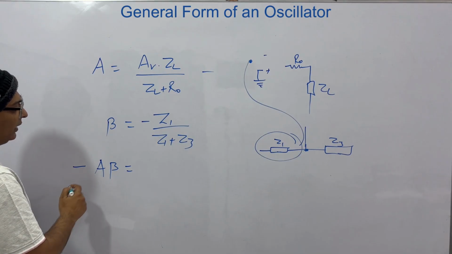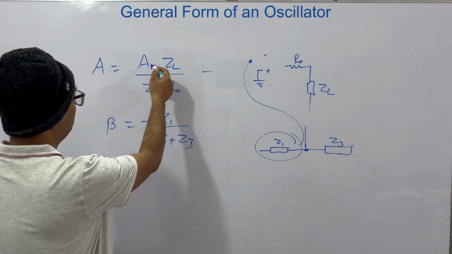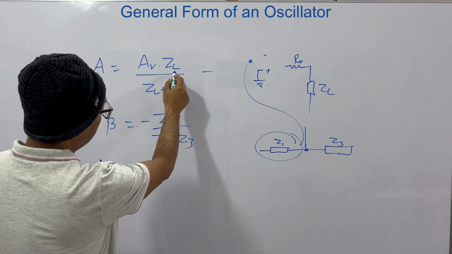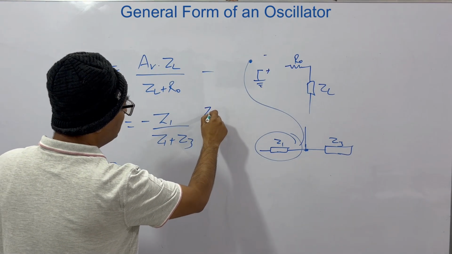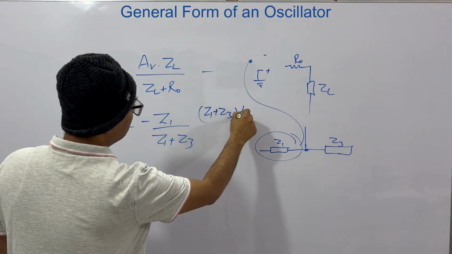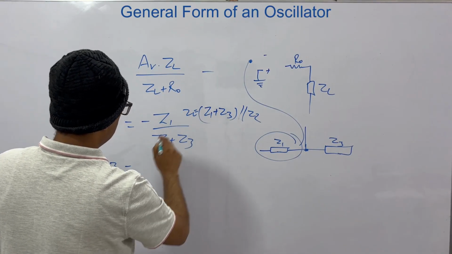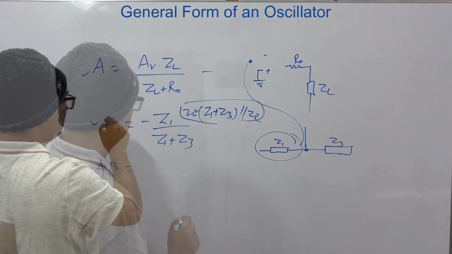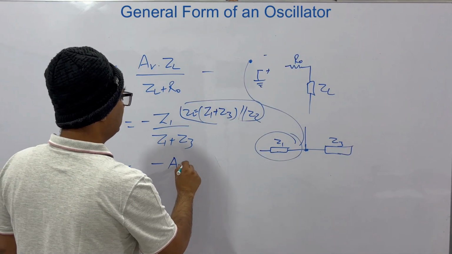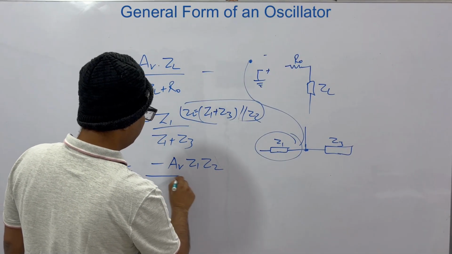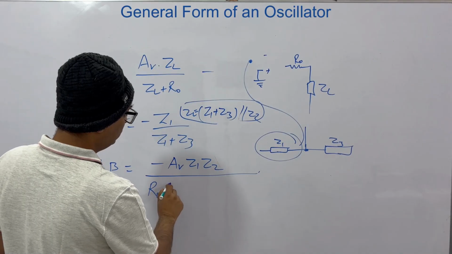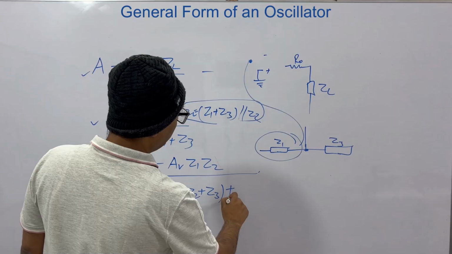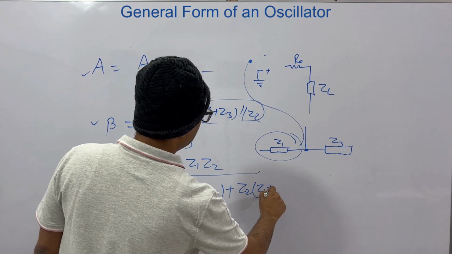So if you multiply it, minus A into beta, see, A is this and beta is this, and AV you know what it is, and ZL, you know what is ZL? ZL is basically Z1 plus Z3 parallel Z2. This is your ZL. So putting these three, this is 1, this is 2, this is 3, you get minus AV Z1 Z2 by RO into Z1 plus Z2 plus Z3 plus Z2 into Z1 plus Z3.